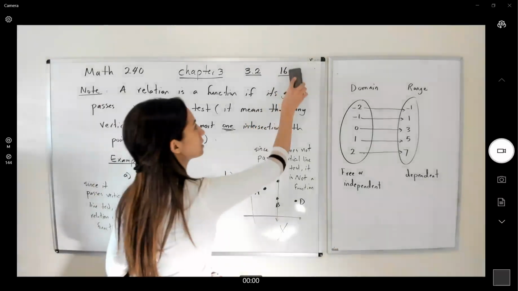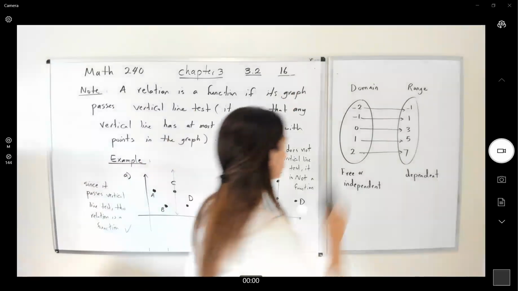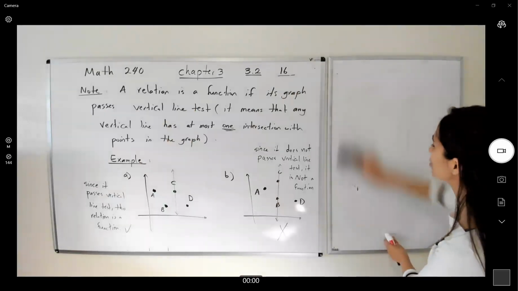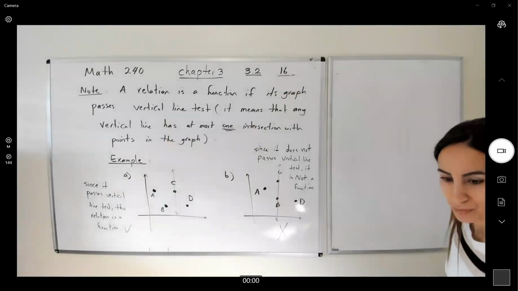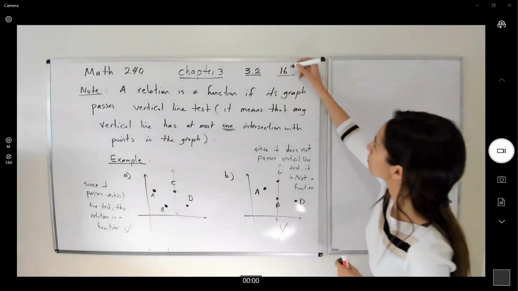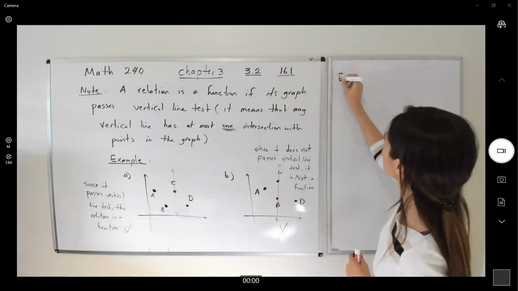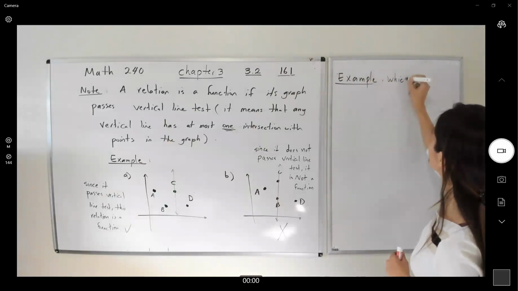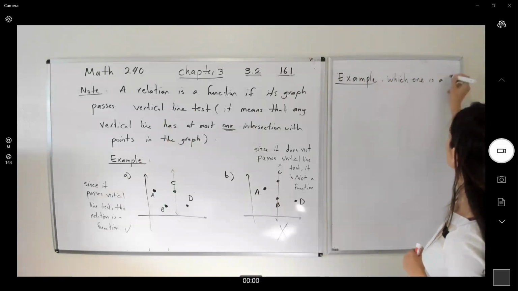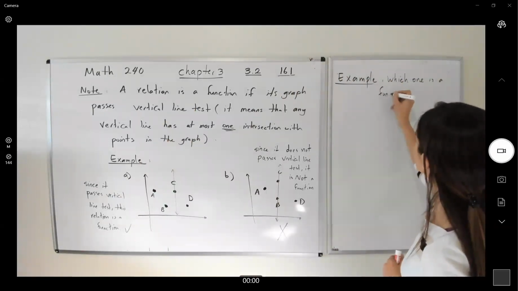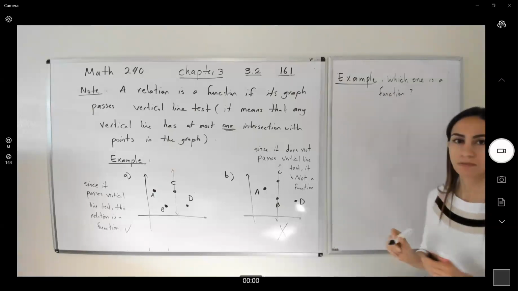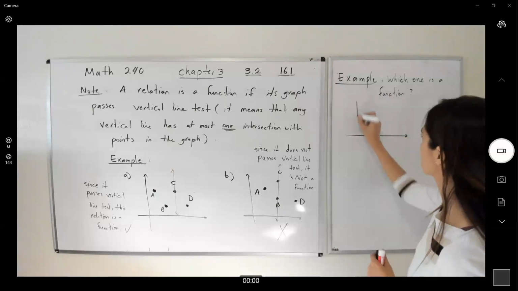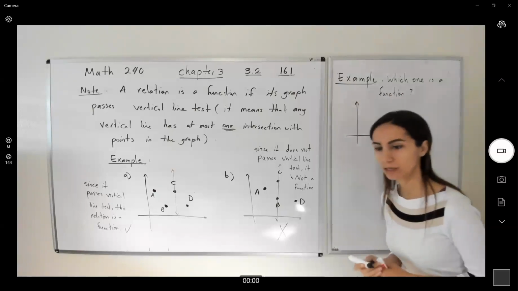On page 161, we have some more graphs, and we can check the vertical line test for each of these graphs. Very well. Example: which one is a function? Suppose you have the following graphs. The first graph is like this.